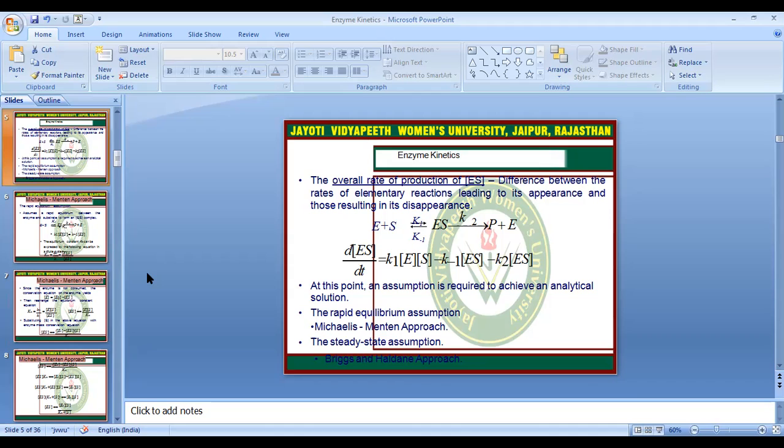At this point, an assumption is required to achieve an analytical solution. The rapid equilibrium assumption is the Michaelis-Menten approach, and the steady state assumption is given by the Briggs and Haldane approach.